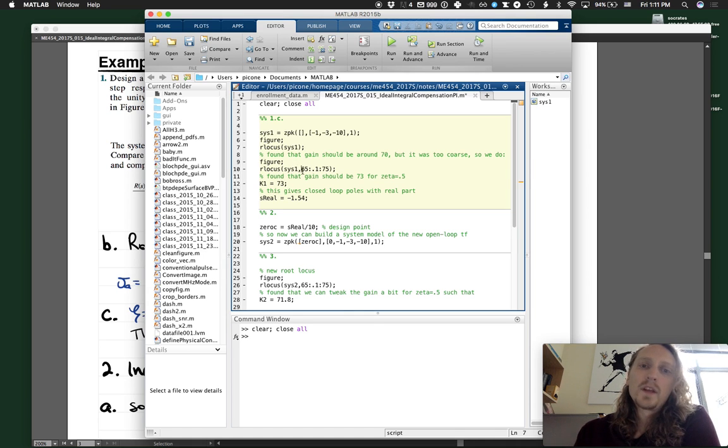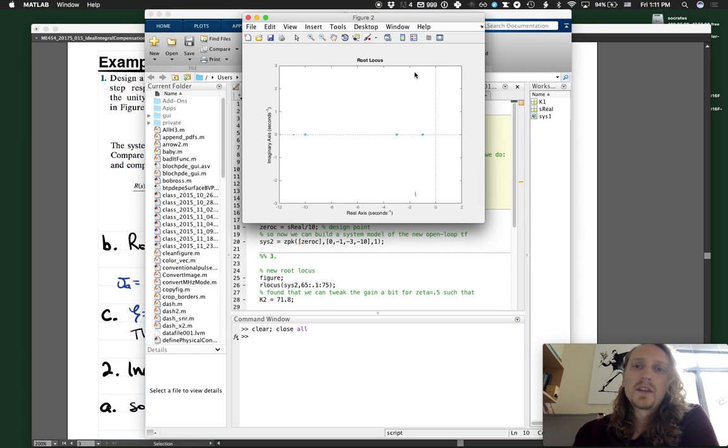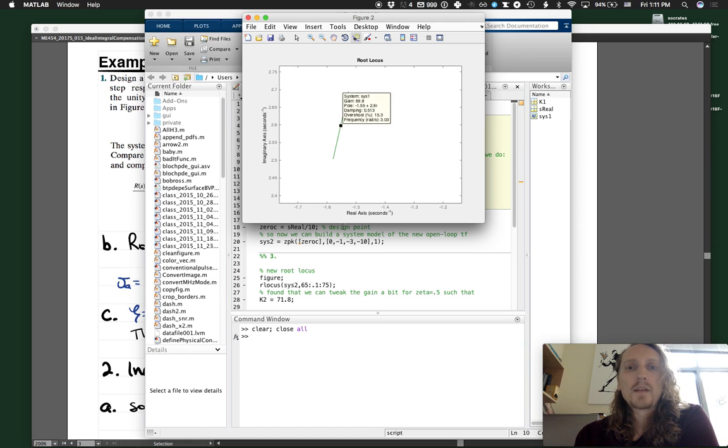This time we say 65 to 75 in increments of 0.1 in gain. Okay. And let's look at that, and we can see it only plotted that range of gain, and we can zoom in if we like, and we can find ourselves a damping more precisely 0.5.